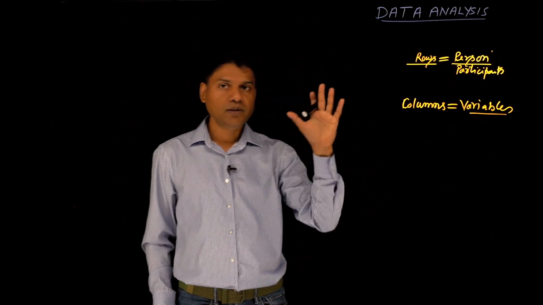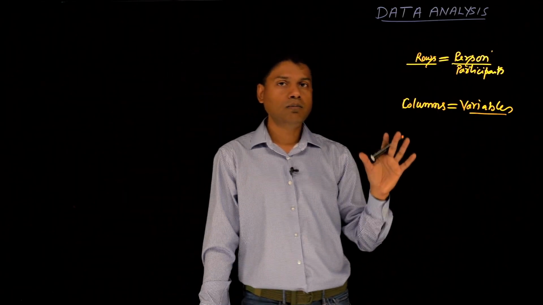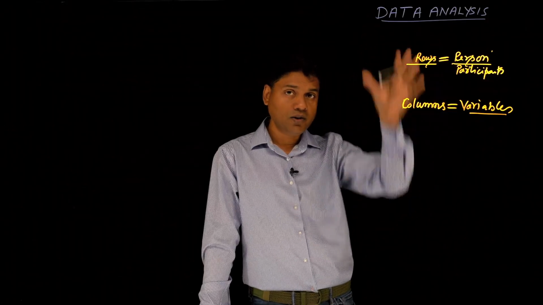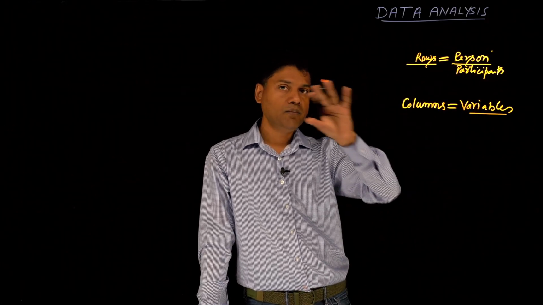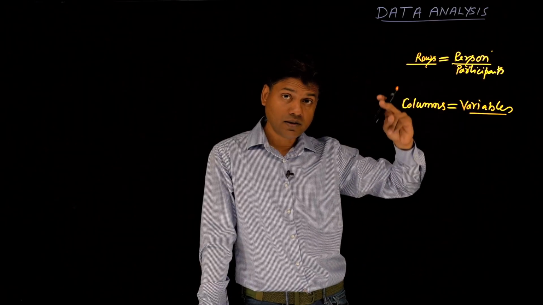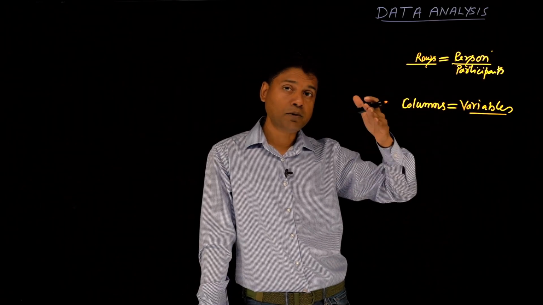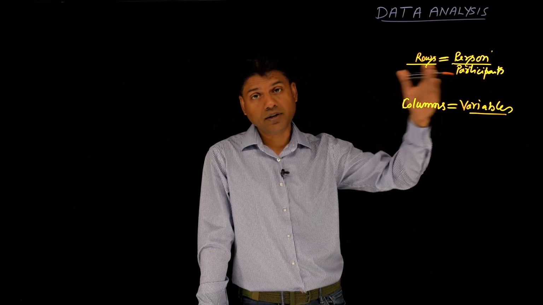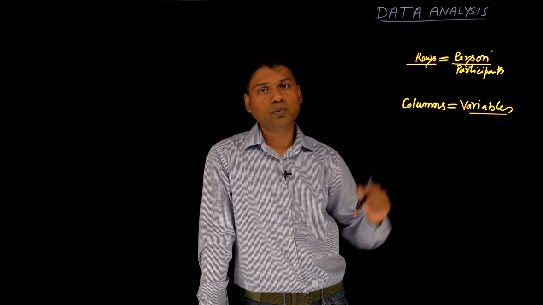So when I enter the data, I will enter all my variables in columns, and then my rows will represent each participant's responses to those variables, whatever the measurement is for each participant. So that's the ground rule we follow.